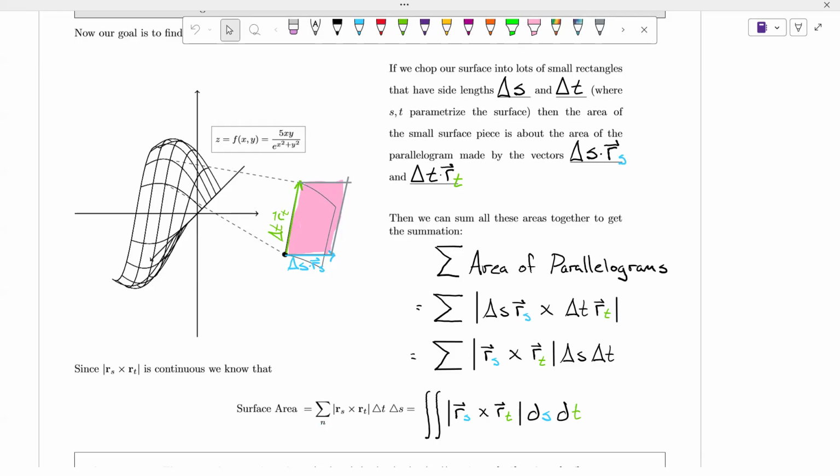Again, r is our parameterization, meaning that the sum of all of those areas of parallelograms together should give us a really good approximation for that surface area. Again, it'll be an approximation. You might recognize that since we started introducing the notation that usually goes into a Riemann sum.